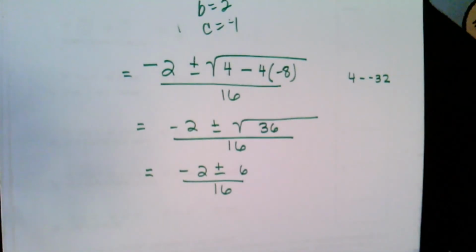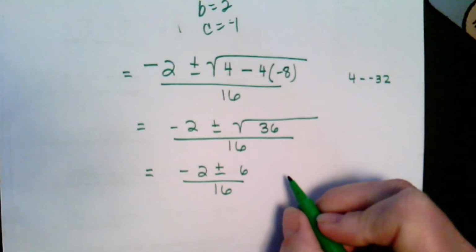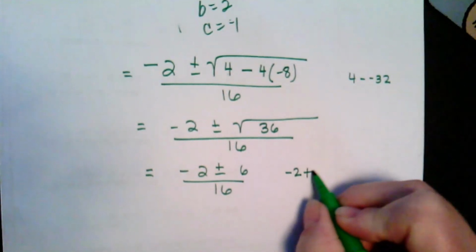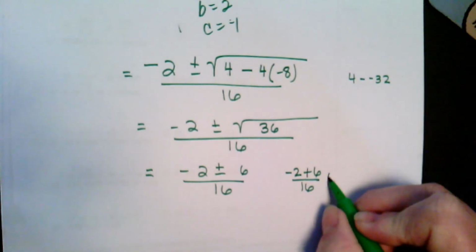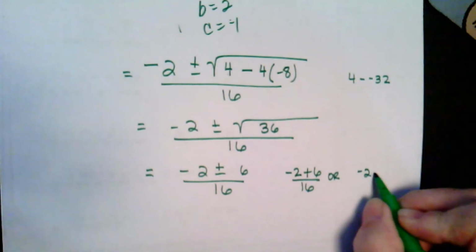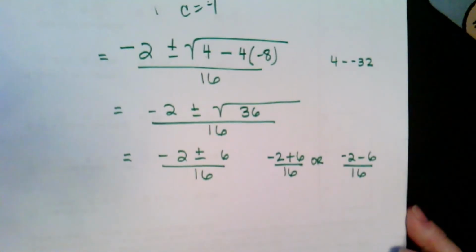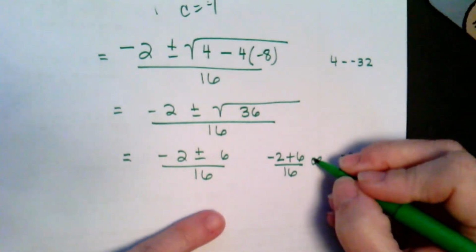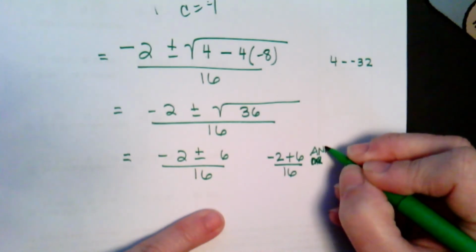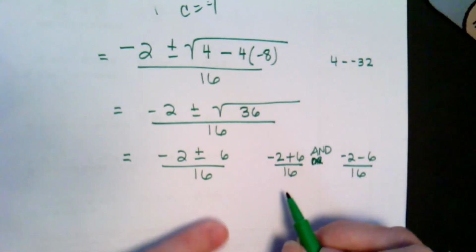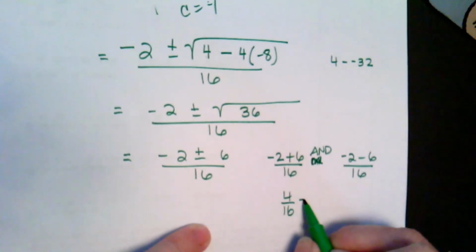So that means we can have two different answers. We can have -2 plus 6 over 16 and -2 minus 6 over 16. I shouldn't say or, I should say and. So this one would be 4 over 16, which is 1/4.